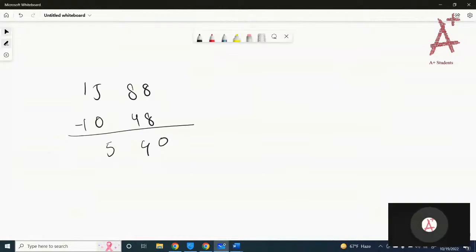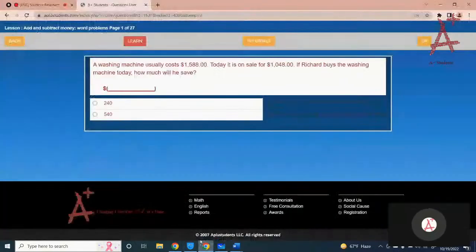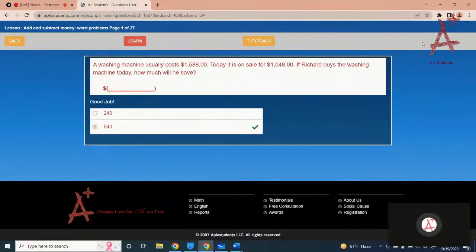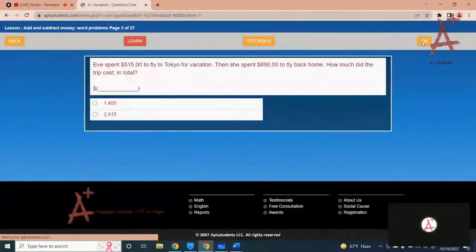And 1 subtract 1 is 0. Got it? So that means if he buys the washing machine today, he will save $540. Got it? So select the correct option and click on the OK button.